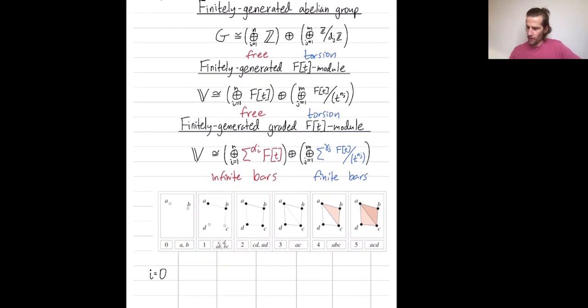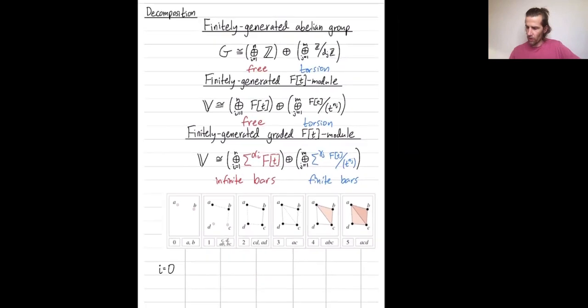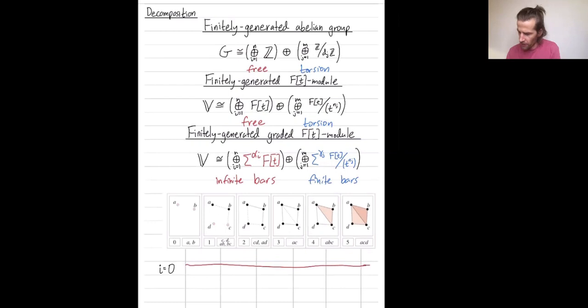So let's return to our starting example. I want to show you how the birth and the death times of the bars really come out of this decomposition theorem. Okay, so we saw that for zero-dimensional homology, we had a connected component that started at time 0 and lasted forever.